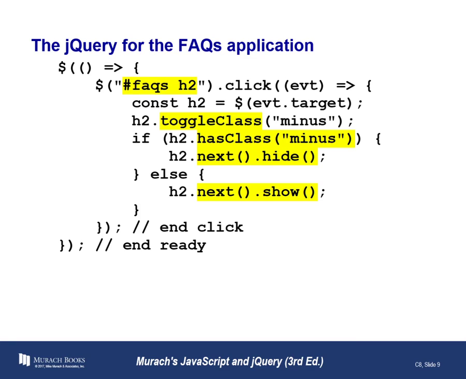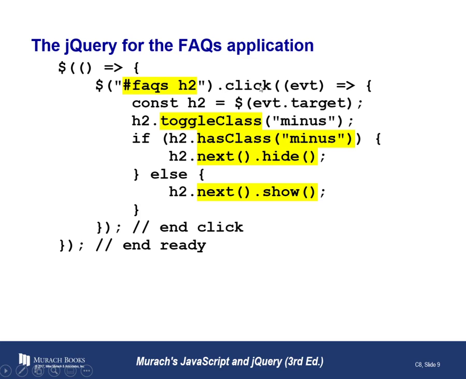Now you'll notice if you can see my mouse where I'm hovering, right? This is a selector. We're selecting all the H2s under the ID of FAQs. So this is simply using CSS selectors. Okay?